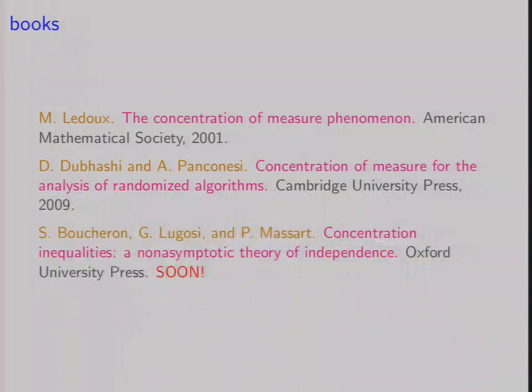And Dubhashi and Panconesi wrote a book which is much more for computer scientists with lots of nice examples. Here, the emphasis is on the analysis of randomized algorithms, and there's a book that's coming out soon, that should be done in the near future. Let's say this year it should be out, if everything goes well.